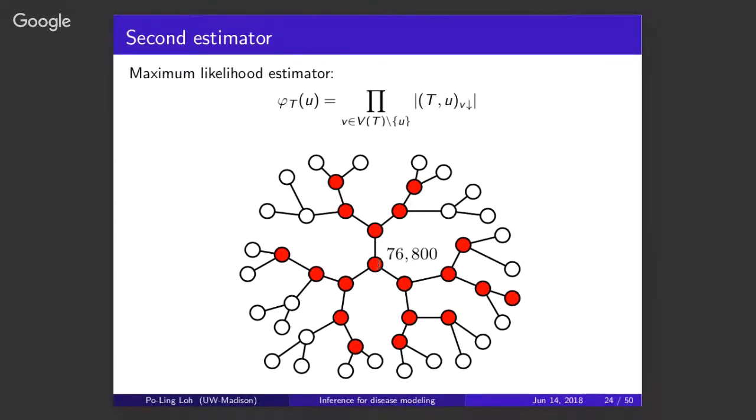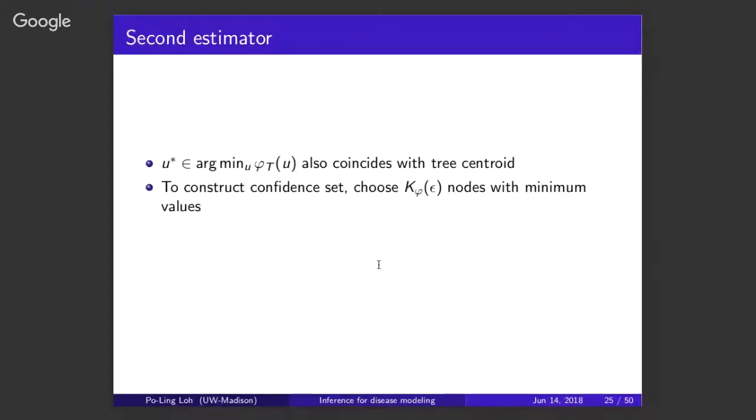However, if we now pick out some set k epsilon of nodes with minimum values, then let's say the 5 minimal nodes according to the phi criterion are not in general going to agree with the 5 minimal nodes of the psi criterion. But the claim is that in fact this will also give you a valid confidence set.